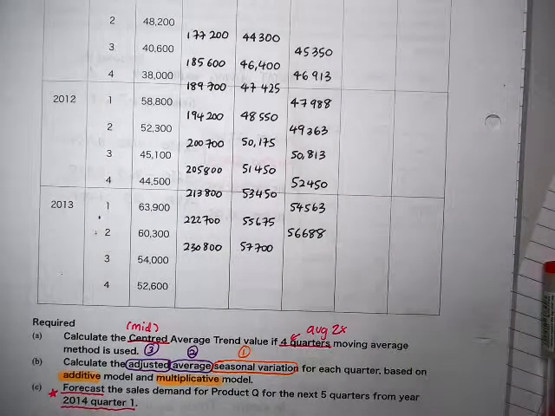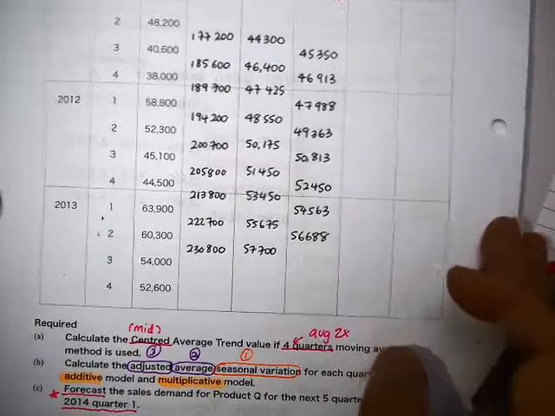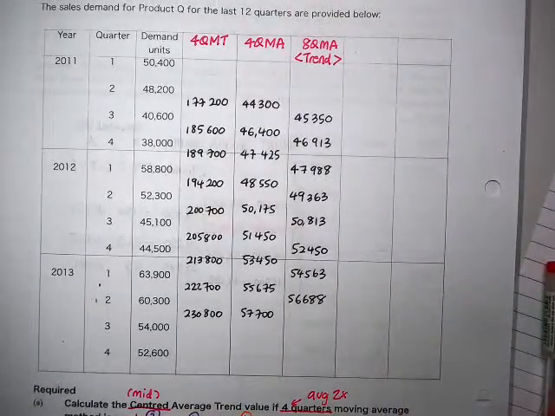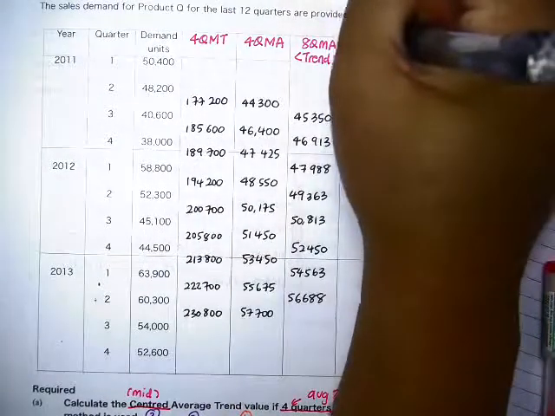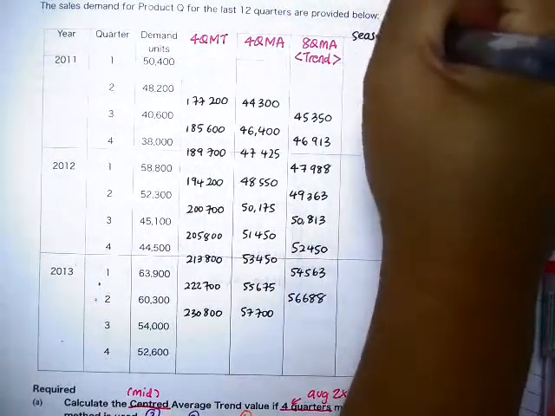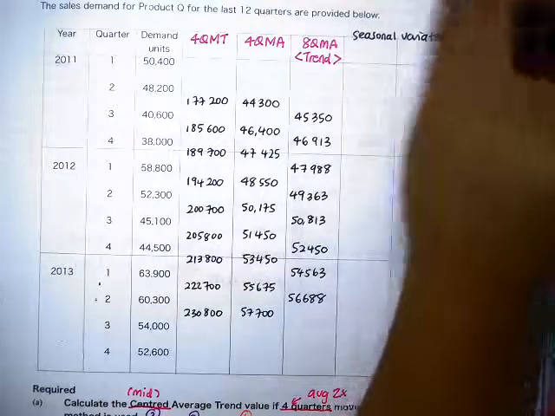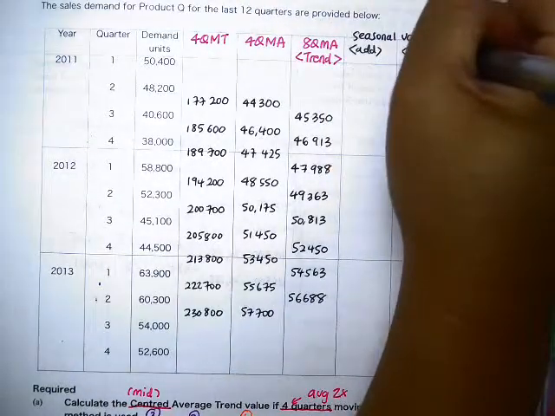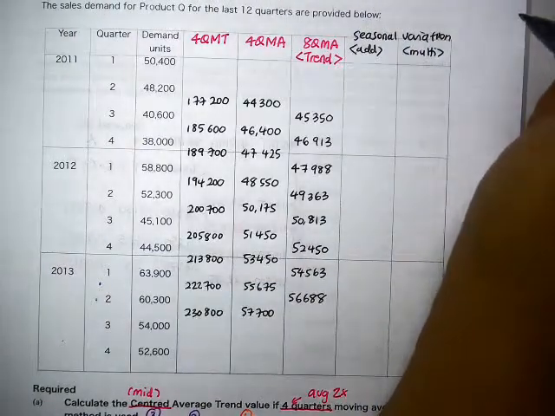With the trend figures that we've calculated, we will now be able to find seasonal variation. I need both the additive and multiplicative models.